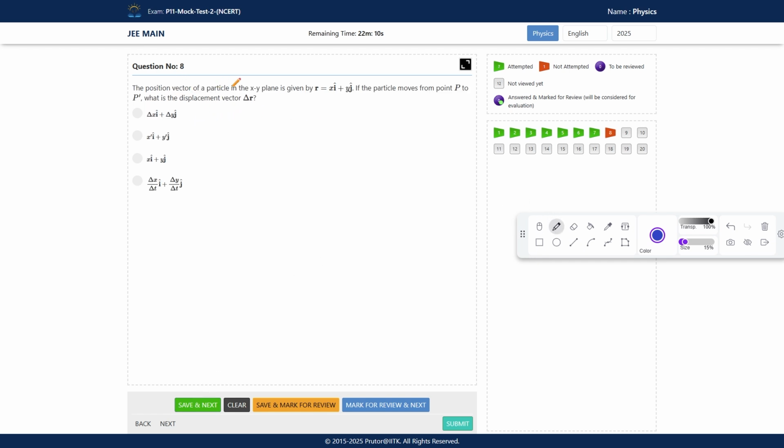A position vector of a particle in the xy plane. Suppose we have an xy plane. This is x and this is y. So the position vector of the particle in the xy plane is this one, and the particle moves from P to P prime. So we have to find out the displacement.